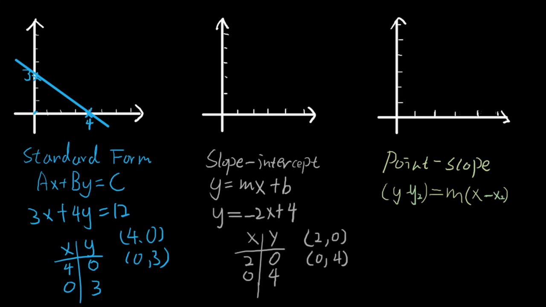This is (2, 0), and this is 0, 1, 2, 3, 4. The line is gonna look pretty much like this. I don't really know how to draw this line. Yeah, like that, perfect.